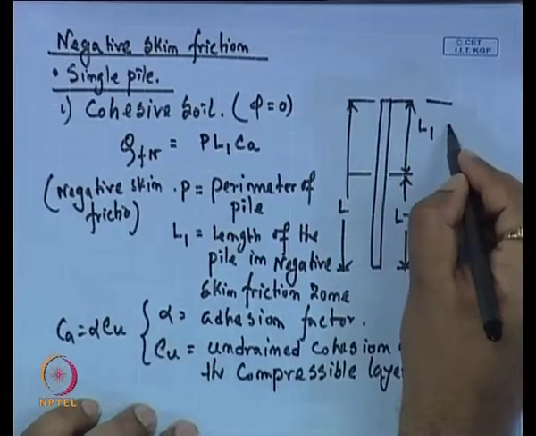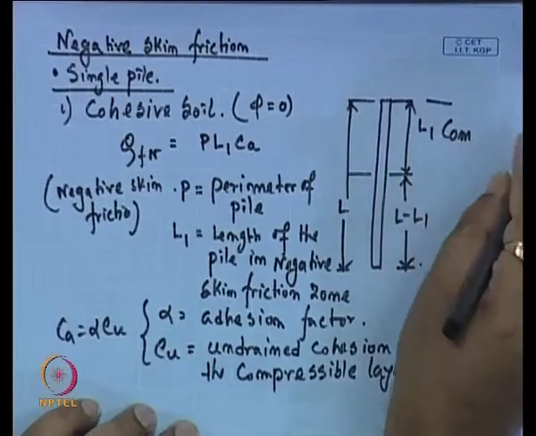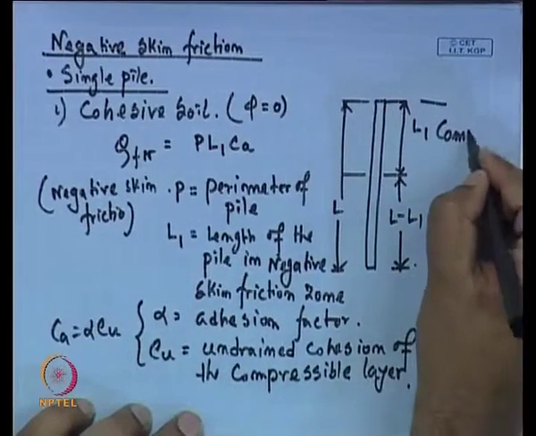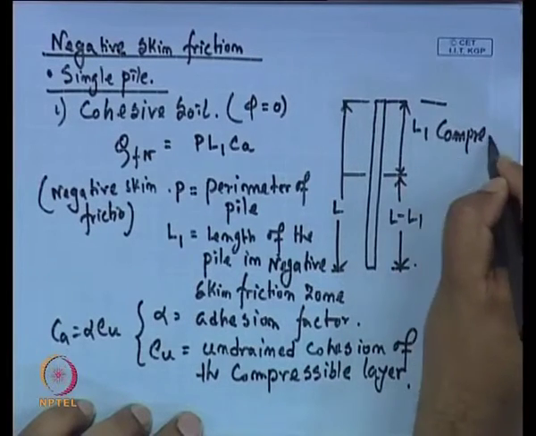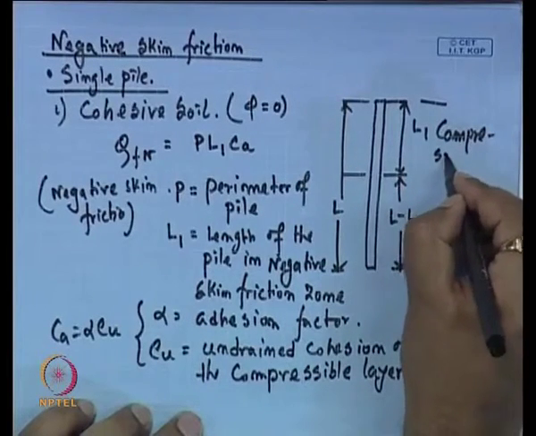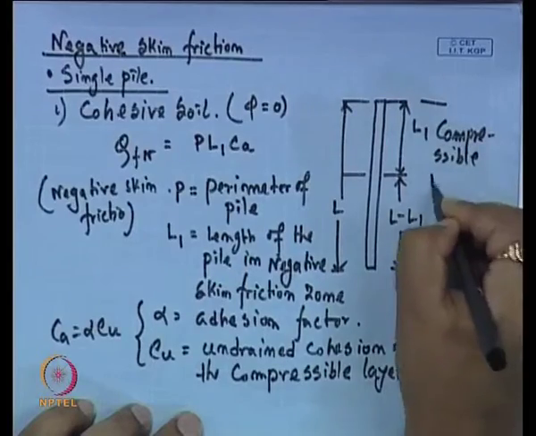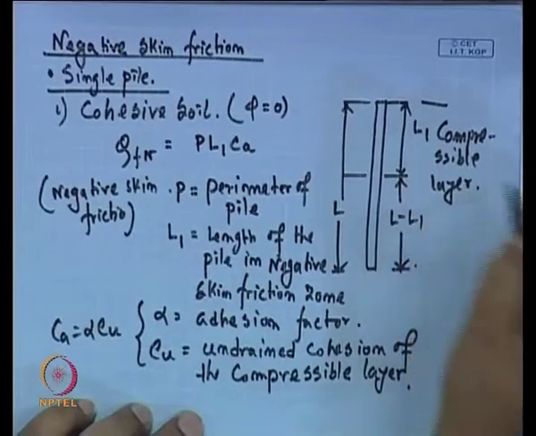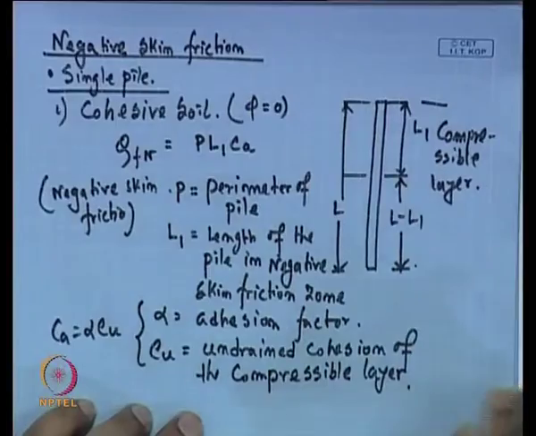Suppose this is the compressible layer, so up to this L1 is the compressible layer.